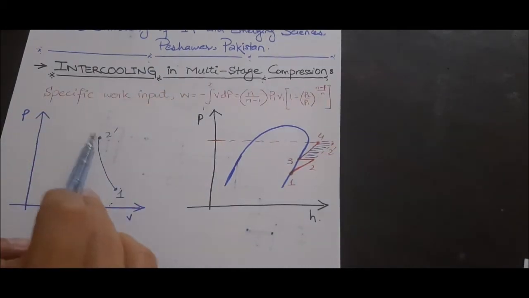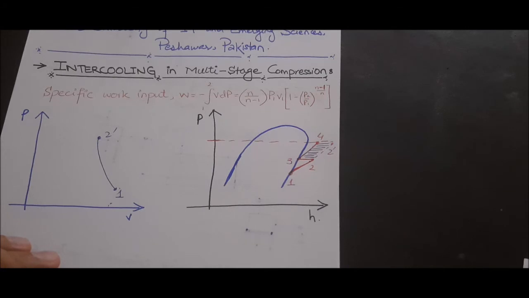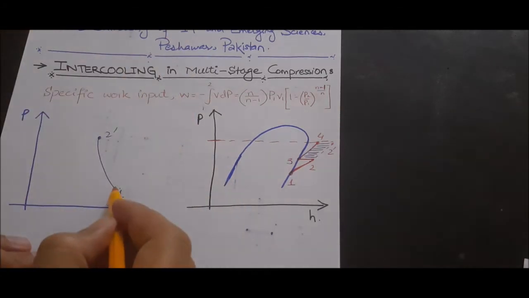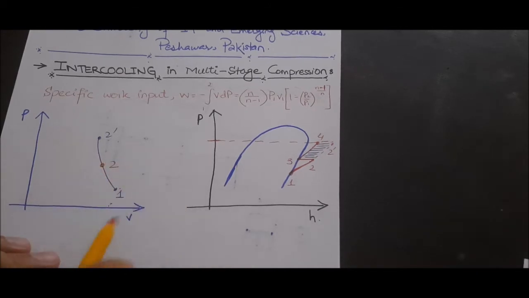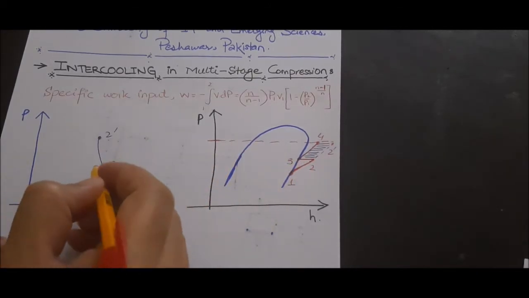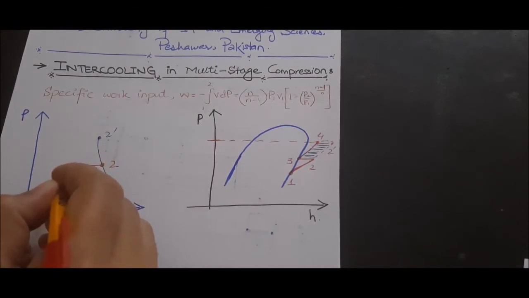It should move like this, 1 to 2 dash, in a single compression. But since we are doing the intercooling as well as the multi-compression, from 1 to 2, and between that we move towards 3.